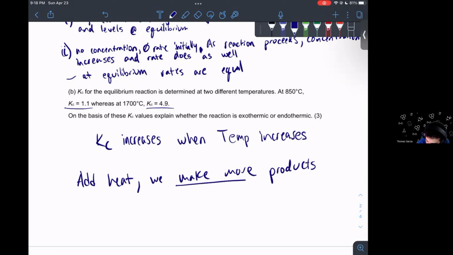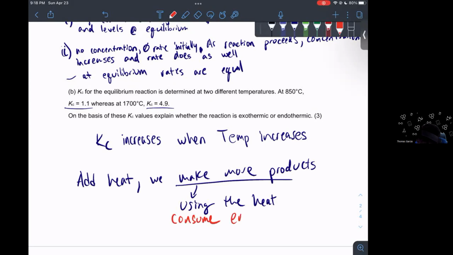Because we're making more products, we know that making more products is using the heat. And we know that because our equation is trying to consume energy to balance the temperature change. Therefore, if it's consuming energy, we know this is endothermic.